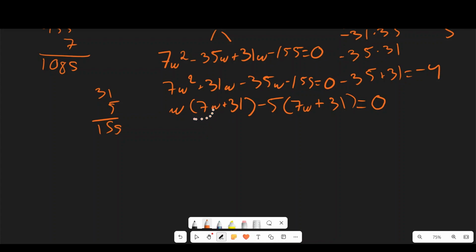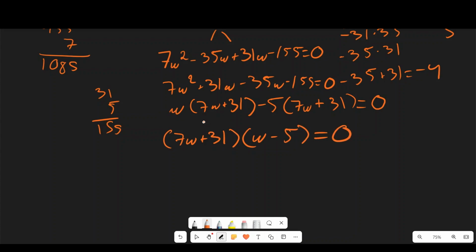We have a common term, right? A 7w plus 31 here, 7w plus 31 over here. So that means we could factor that out entirely. So then we get 7w plus 31 times w minus 5, and that is equal to 0.